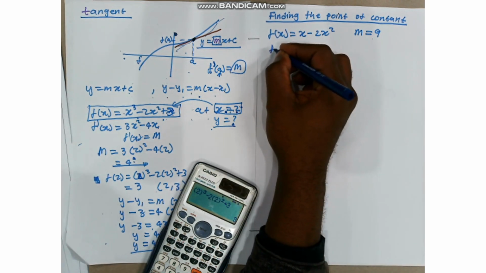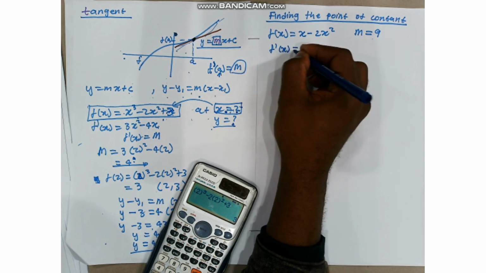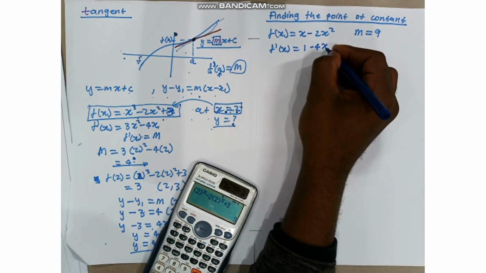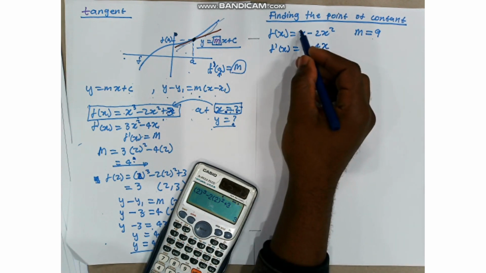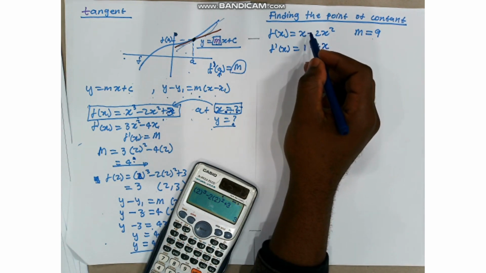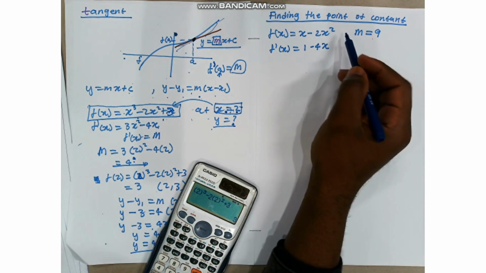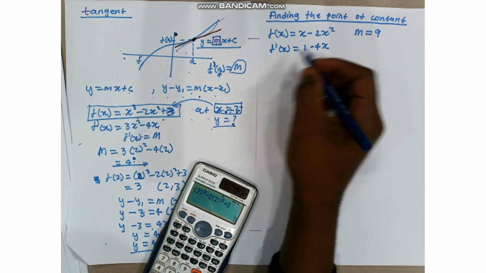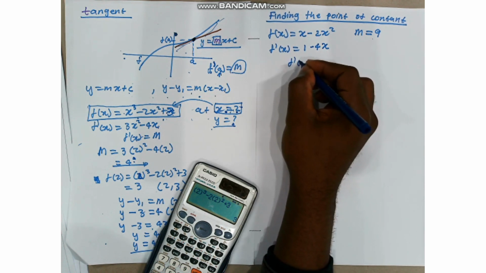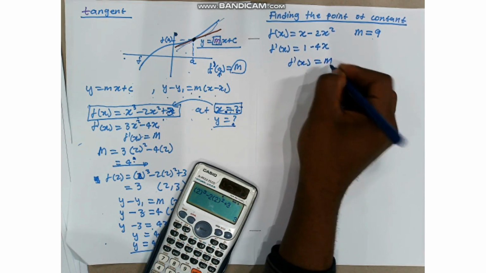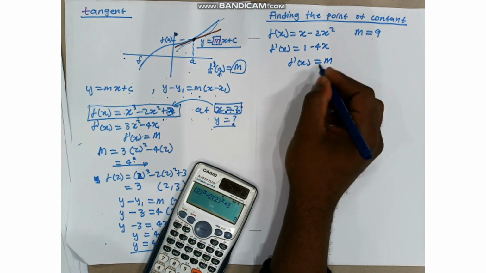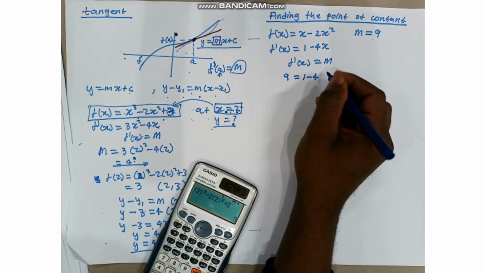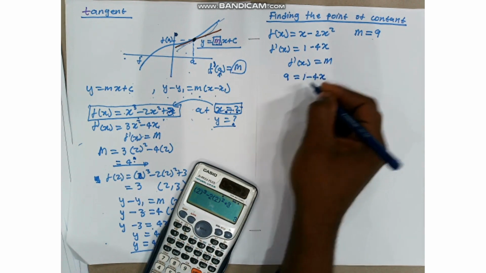So let's derive here, f prime of x. Deriving this is just going to be 1 minus 4x. This times this is 1 minus 1, it's 0, and anything raised to 0 is 1. This times this is just negative 4, and 2 minus 1 is 1. But now f prime of x is equal to the gradient, and our gradient is 9, so 9 equals 1 minus 4x.